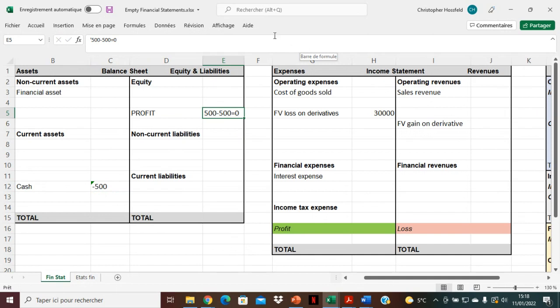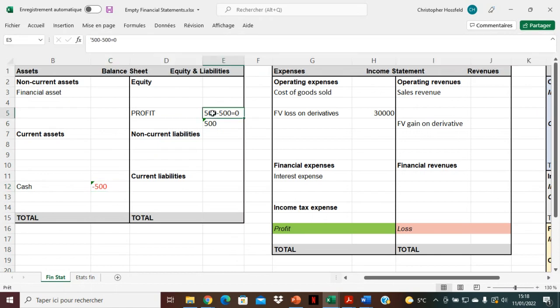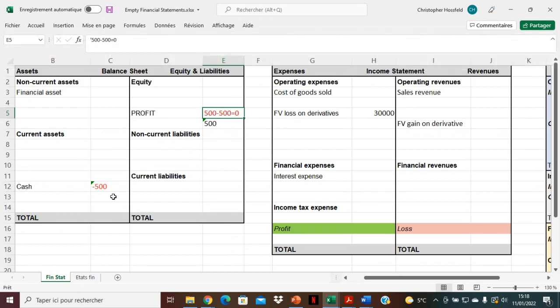Okay, first possibility. Second possibility: I have a profit of 500, but in this second scenario I decide not to pay any dividends.